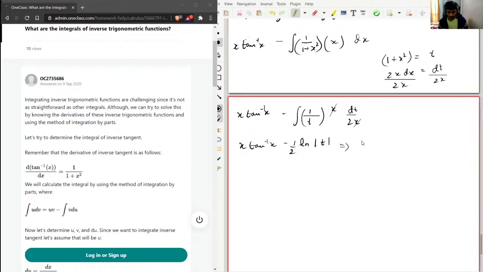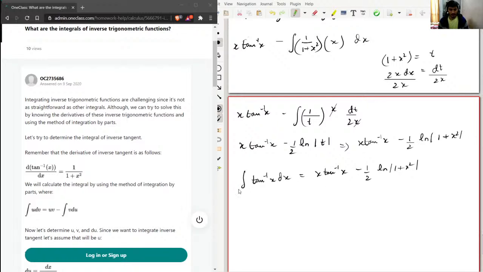So this will become x tangent inverse of x minus 1 over 2 ln of 1 plus x square. And yeah, so that is our integration. So integral of tangent inverse of x dx is x tangent inverse of x minus 1 over 2 ln of 1 plus x square.